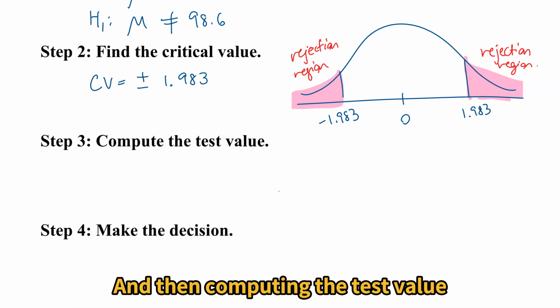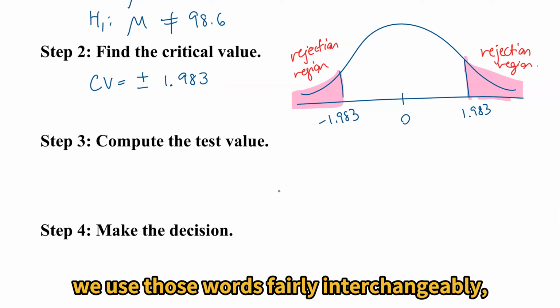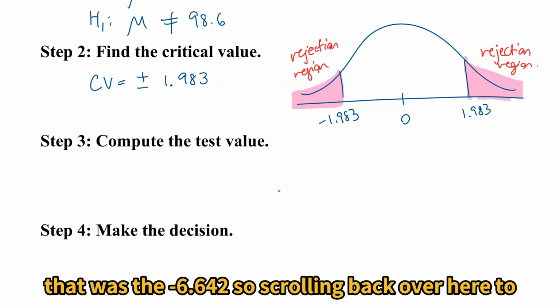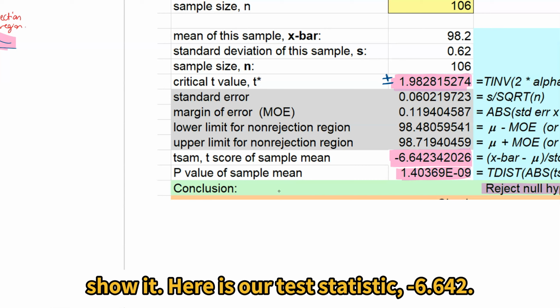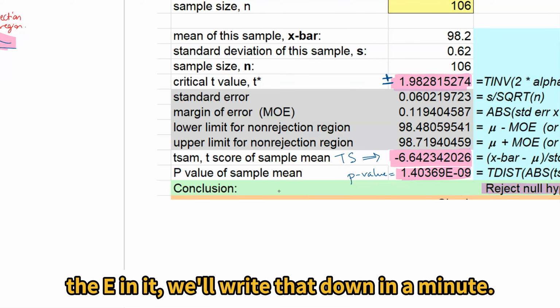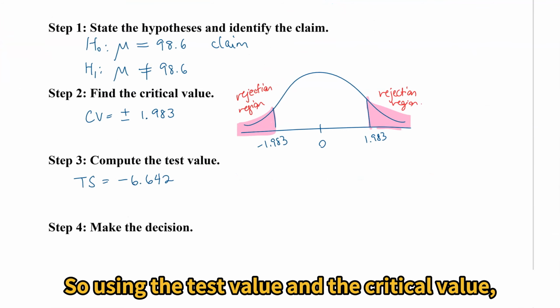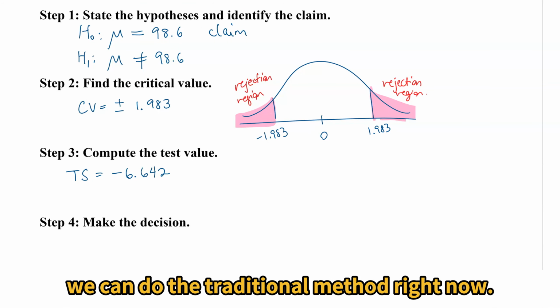And then computing the test value, or the test statistic, we use those words fairly interchangeably, that was the negative 6.642. So scrolling back over here to show it, here's our test statistic, negative 6.642. And then p-value, the funky number with the e in it, we'll write that down in a minute. So using the test value and the critical value, we can do the traditional method right now.